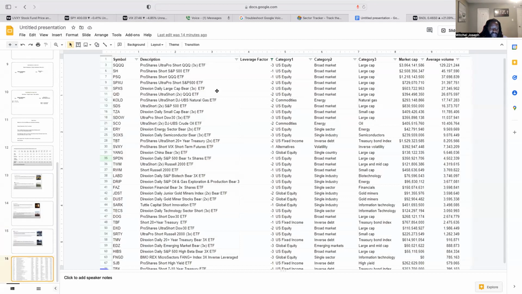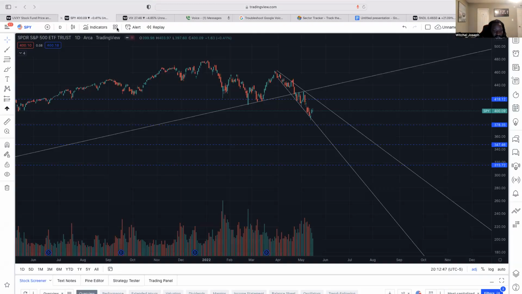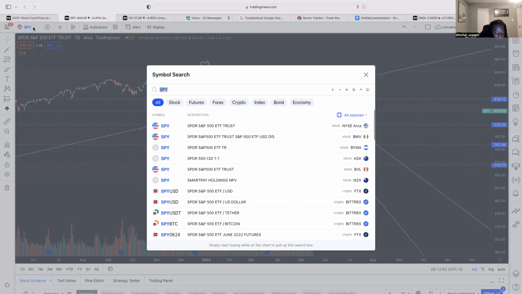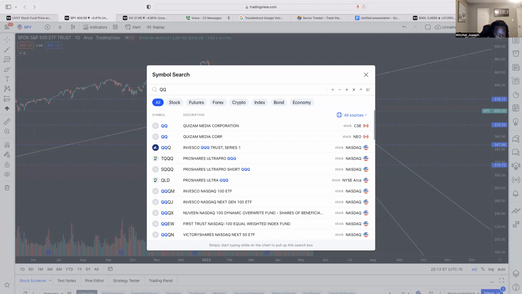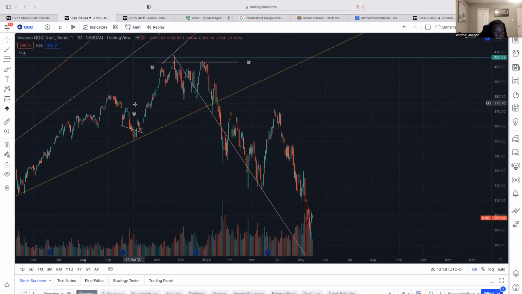What's great about these is that, for example, SQQQ is the inverse of the QQQs, and it's also 3 times leverage. Whatever the QQQs do, which follow the Nasdaq. If you guys don't know, let me just show you. This is SPY. Then you have QQQ, because SPY follows the ES, which is the futures. QQQ follows NASDAQ, and you see right here, Invesco Trust, QQQ, NASDAQ.